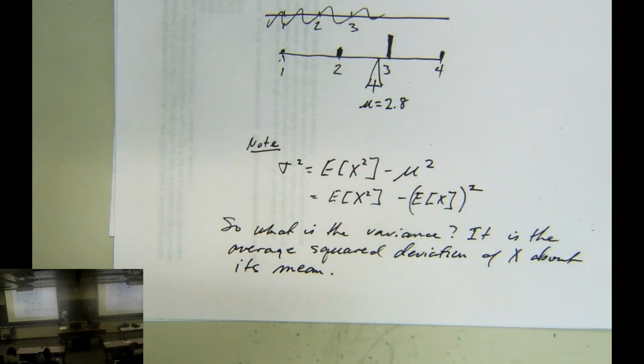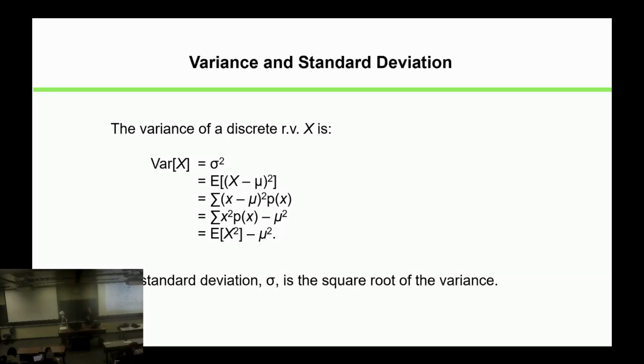To get it back into original units, which we'll see again in a bit, we take the square root. If we take the square root of the variance, we come to something called the standard deviation.